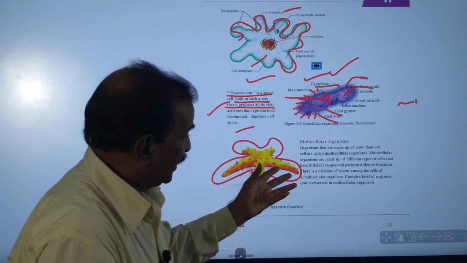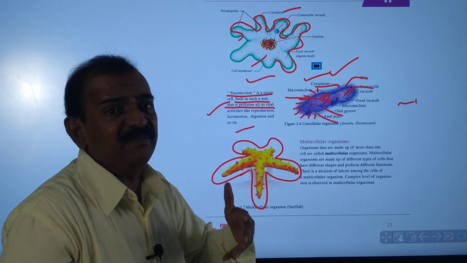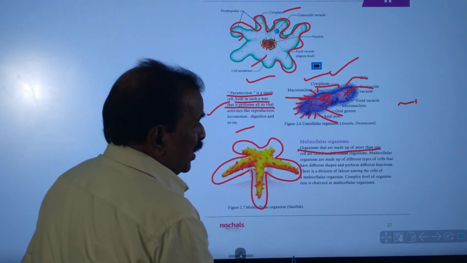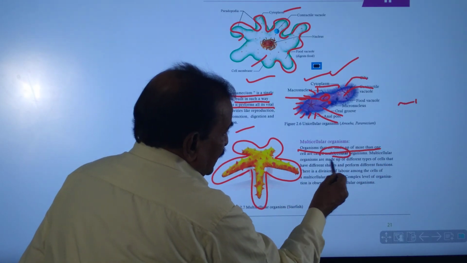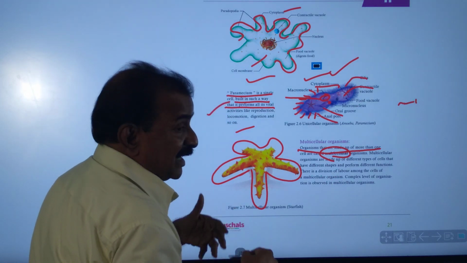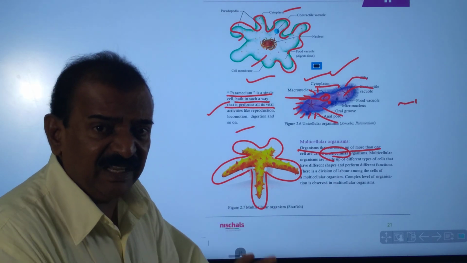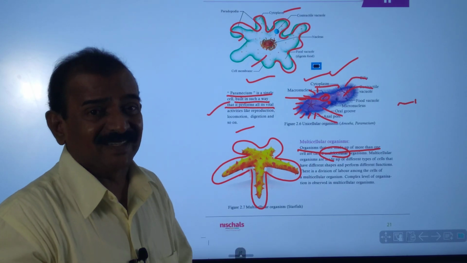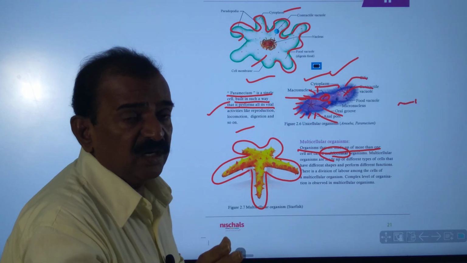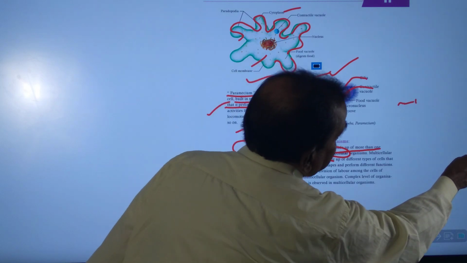These cells form organs, and they perform different life processes. Organisms made up of more than one cell are called multicellular, and they perform different functions. A complex organ system is present in multicellular organisms, and each and every organ performs its own function. Children, here we discussed unicellular organisms and also multicellular organisms.